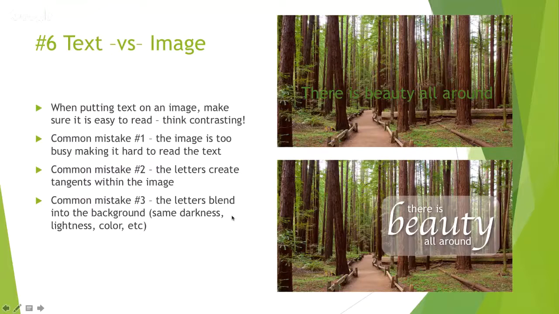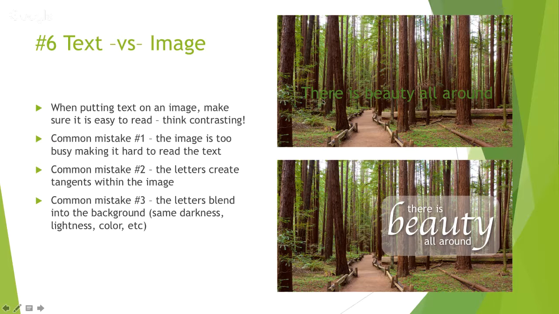Okay, number 6, text versus image. This is a really big one. When you are putting text on an image, the main thing you want to think about is contrast, okay? So a common mistake is that when the image is so busy, there's such a busy background that no matter what kind of text you put on there, it kind of fades into the background because the background is so busy.